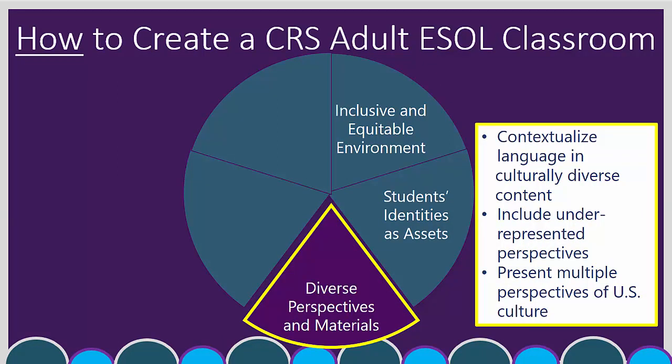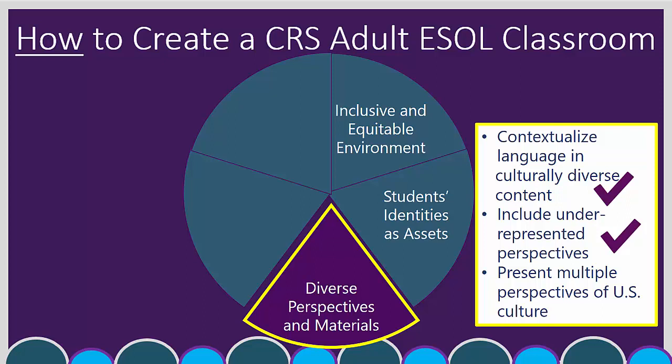A culturally responsive and sustaining ESOL class also includes diverse perspectives and materials that go beyond learners' familiar sphere. They include materials representative of many cultures and created by authors from those cultures, including pictures and visual representations. They ask students for recommendations and input. They include perspectives of historically marginalized or underrepresented groups, English speakers with different accents.